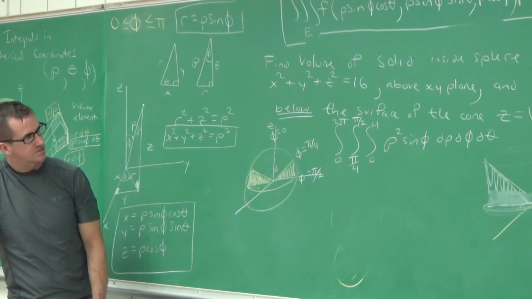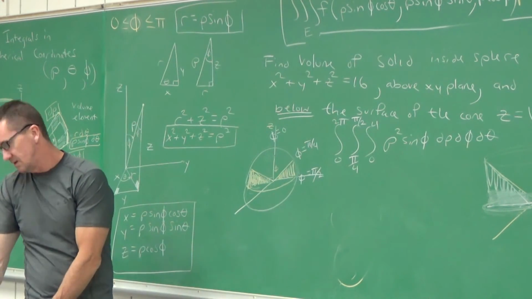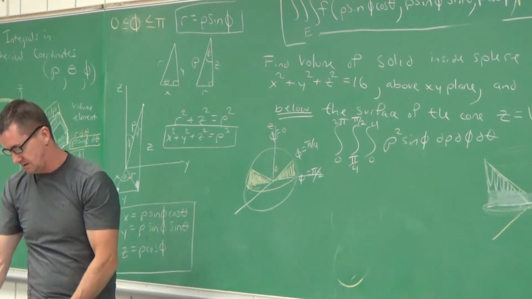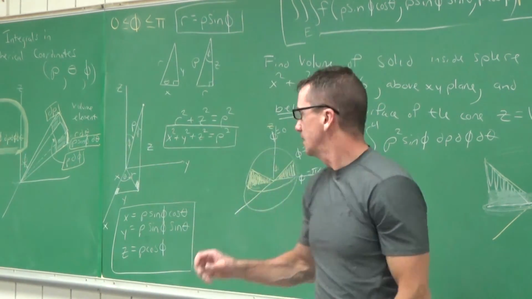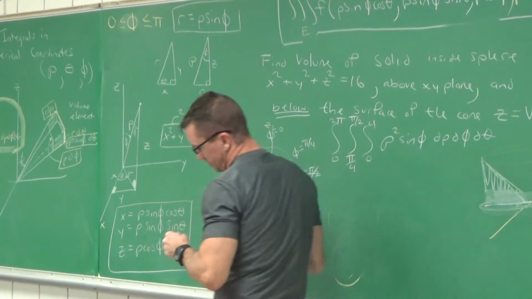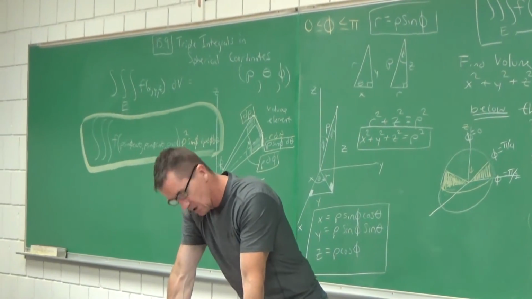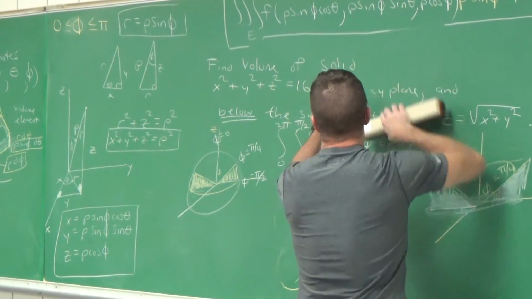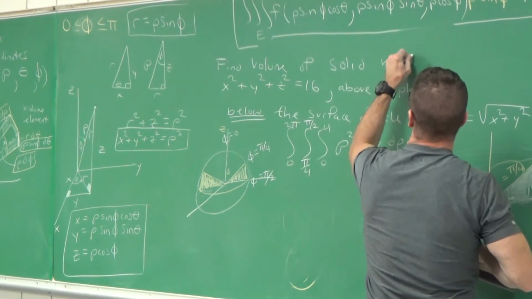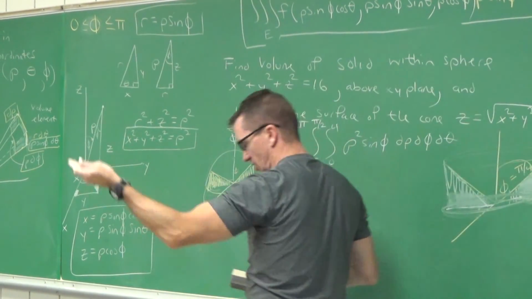And when I want to switch this up and do a problem like that last one on here, the wording has changed slightly. Okay? Use spherical coordinates to find the volume of the solid that lies, this time, within the sphere. That was the wording. Isn't within the same thing as inside? Good.